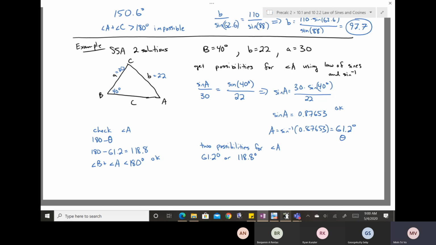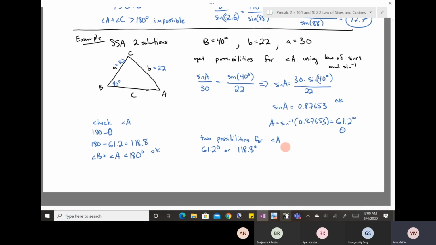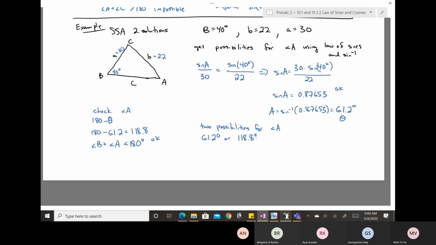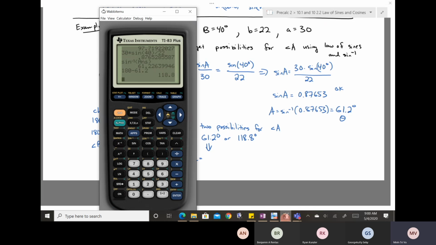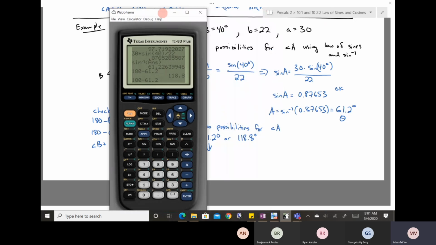So in this situation, you would have to solve each of them separately, right? So when angle A is 61.2 degrees, right? So angle C, I'm kind of running out of space here. So angle C, you would do that separately, right? So you have 180 minus 61.2, and then angle B was 40.